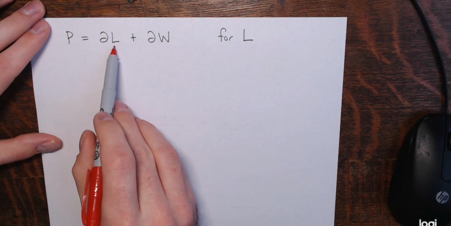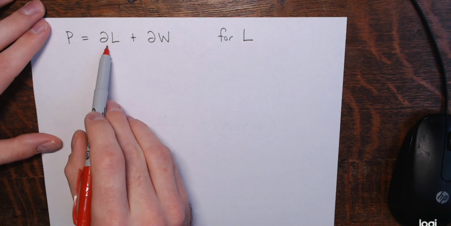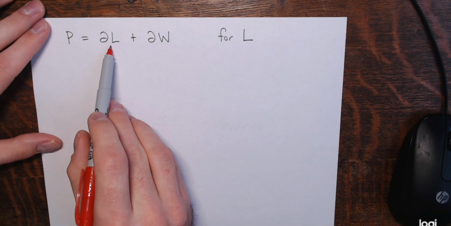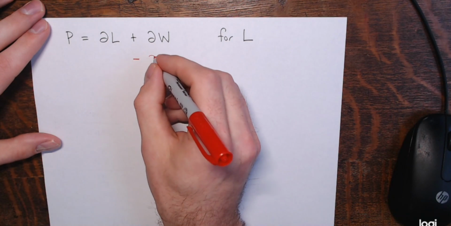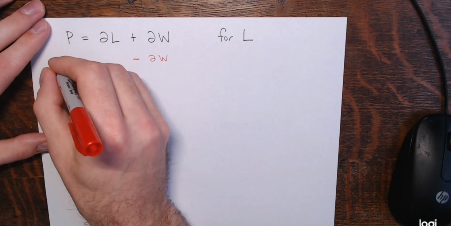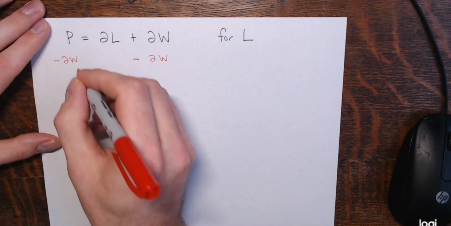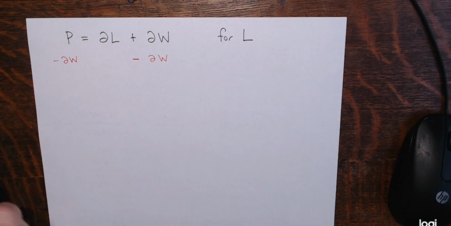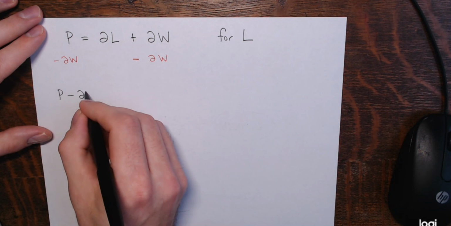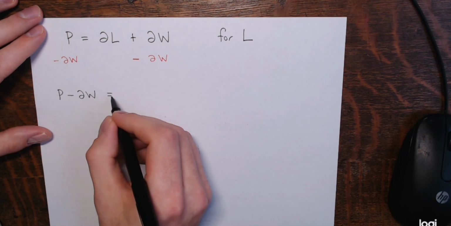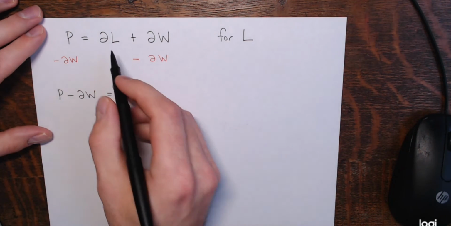This 2L is the only term that has L in it. It's on the right side, so I'll keep it there. And then take away the 2w term. Alright, so now on the left side, I have p minus 2w equals, and on the right side, the 2w is gone. I have just the 2 times L.